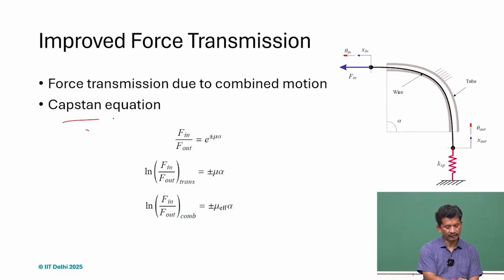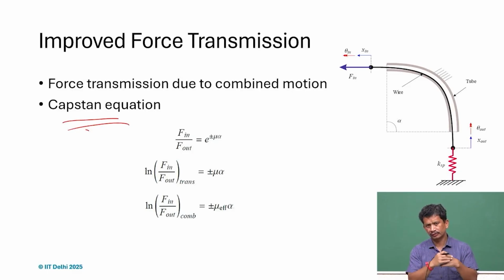So, if you look at the capstan equation, these are the forces on the slack end and the tension end, when it is passing through an edge, or passing through a wedge having an angle alpha. This can be considered very similar. It is making an angle alpha, and mu is the coefficient of friction. So mu and alpha are there, and the ratio is well defined.